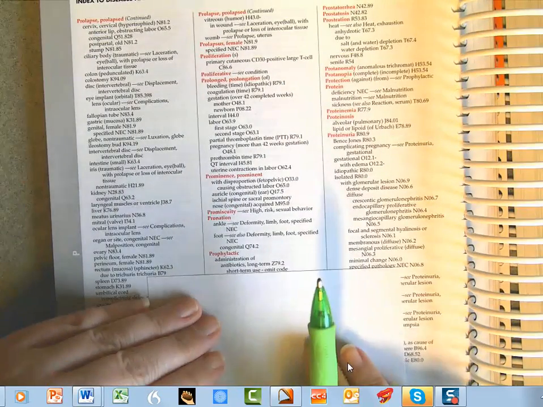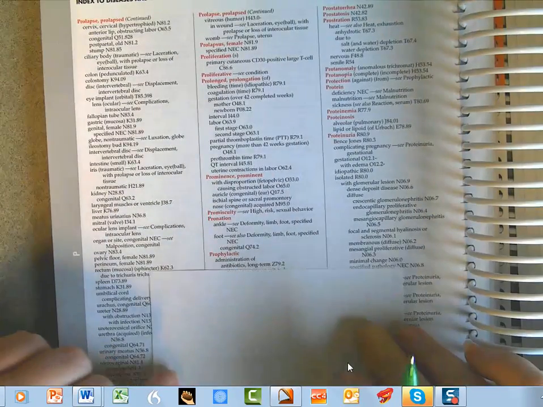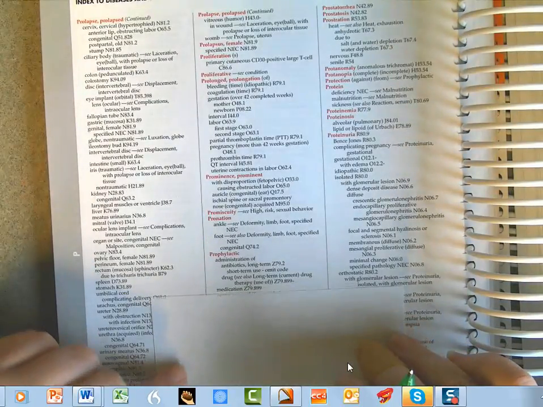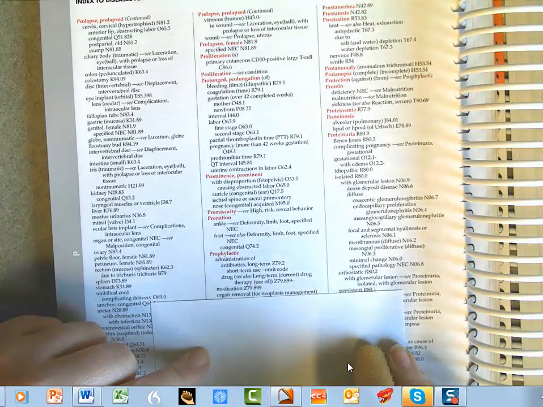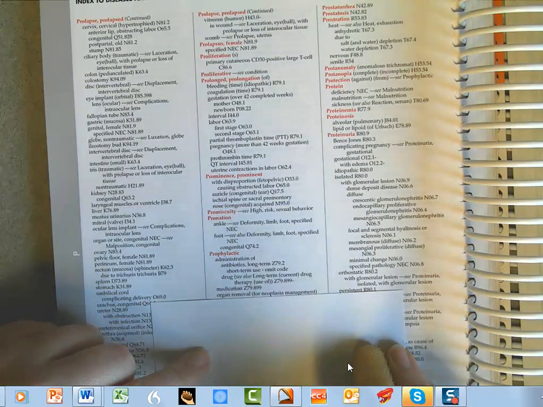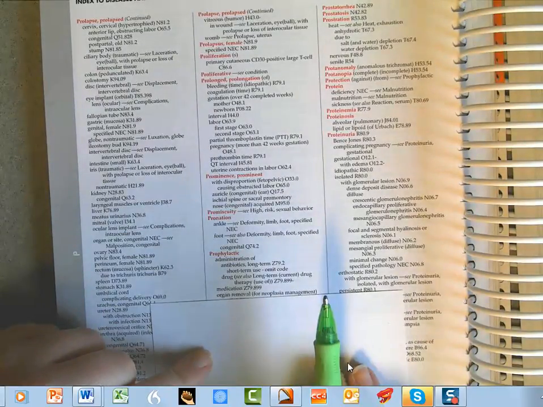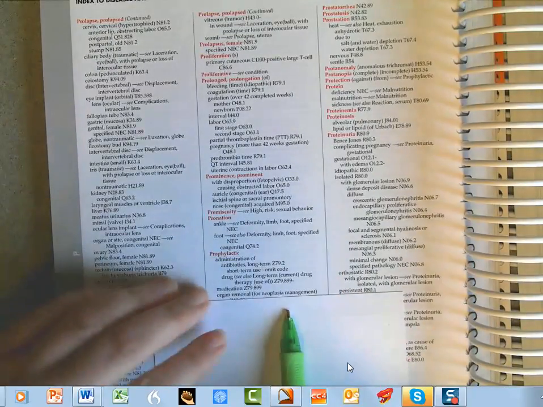Under prophylactic we have several things, right? And what are we looking for? We're looking for prophylactic removal of the breast. So if we start looking, is that administration of? No, we're not administering anything. Organ removal. Are we doing organ removal? Yes, we are. We are removing a breast, and two actually, and we're doing it for neoplasia management, meaning when you see this in your non-essential modifiers, it means that somebody has a history of it, and we're doing it so that this person doesn't get it.